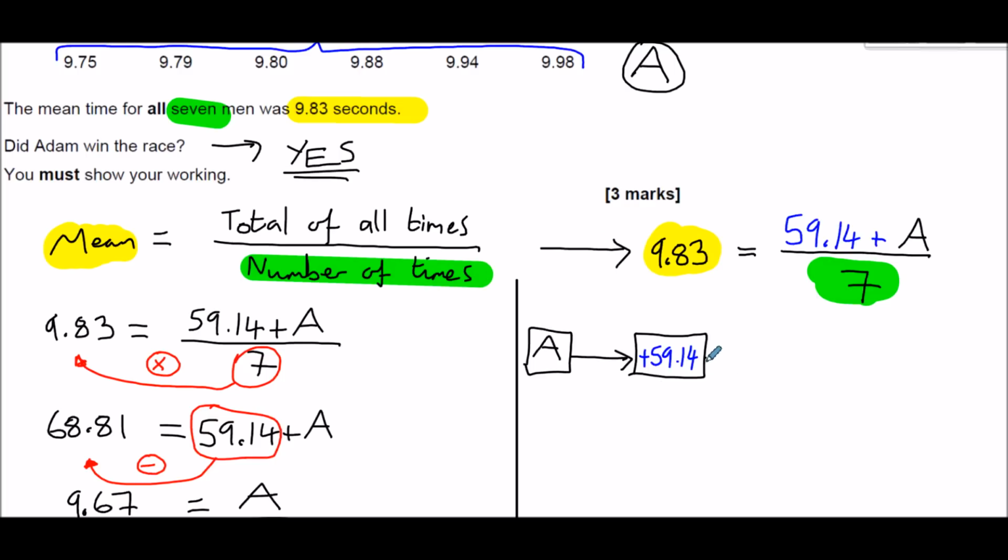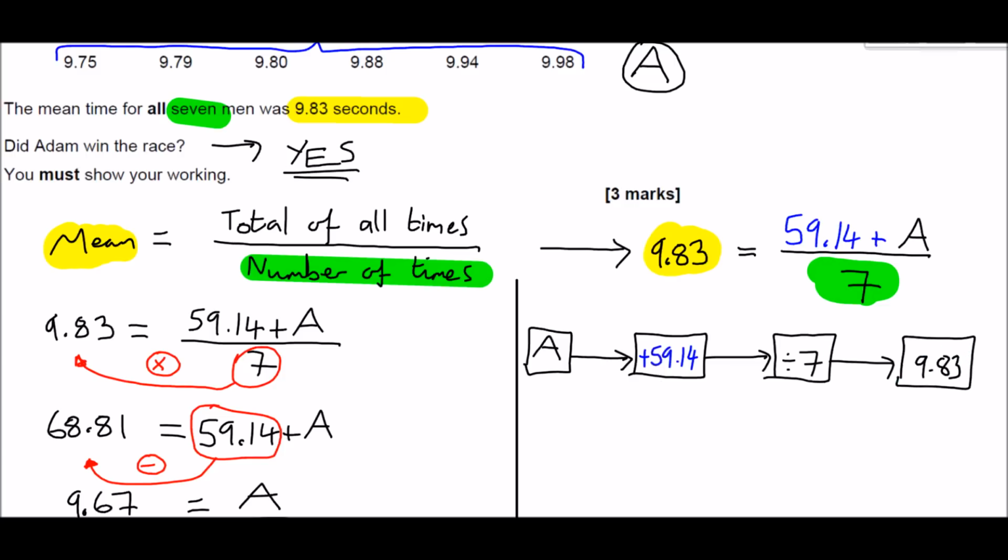After 59.14 is added, we divide by 7. After dividing by 7, we find it's equal to 9.83.